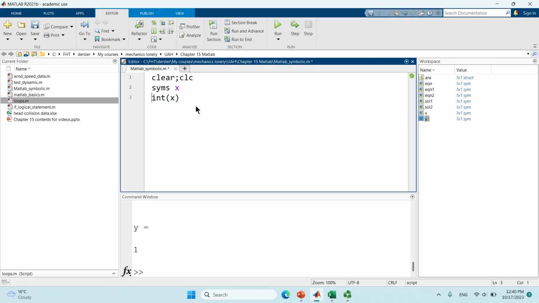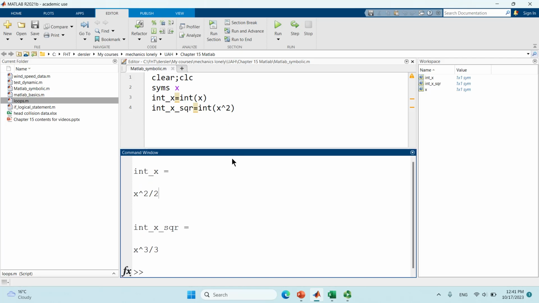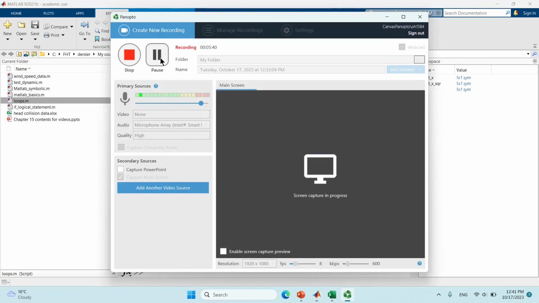Say, for example, you call it integral of x here, and then integral of x square. Okay, and then you can see it works. I mean, no problem. So this is how the symbolic operations in MATLAB work.